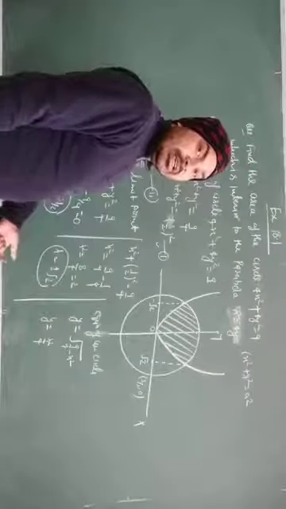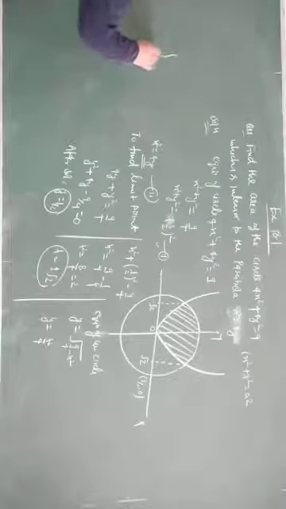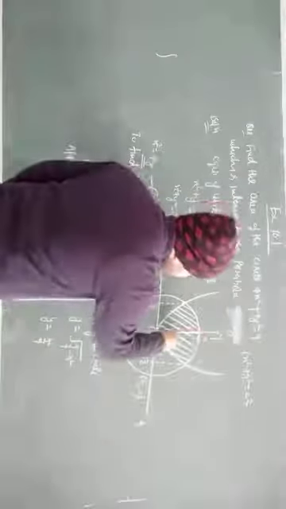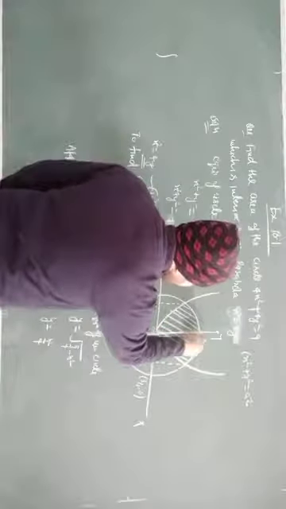So how can we find the required region? By integration. If we find this one region and take 2 times it, we get the whole region.